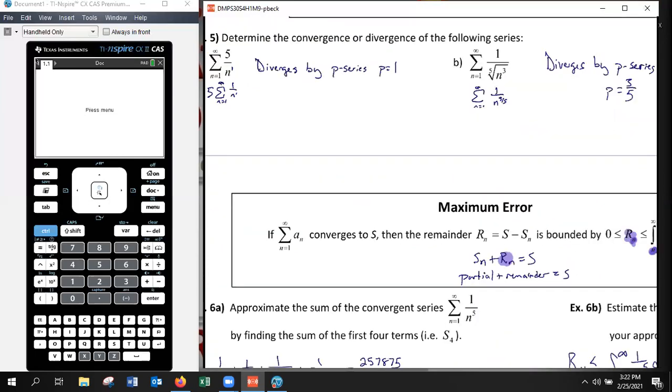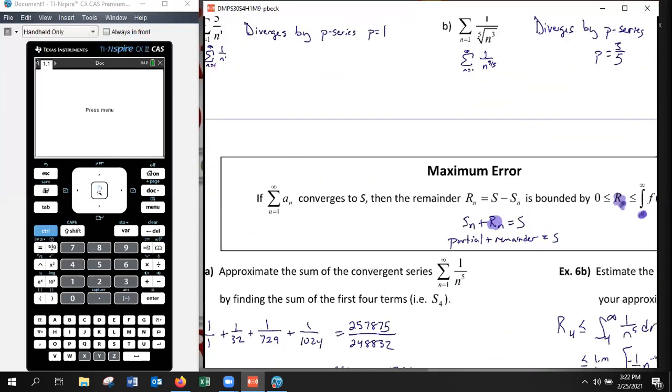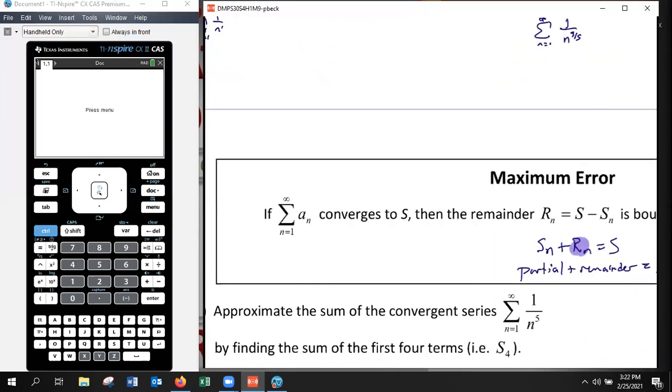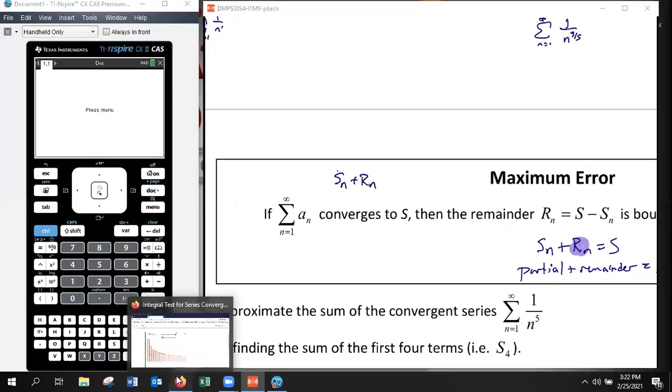Then we get maximum error. When it comes to maximum error, one of the ideas, and if we go back to that graph, that we'll see is if we take the partial sum of those terms, and then we add a certain remainder. So let me go ahead and go to that screen really quickly.